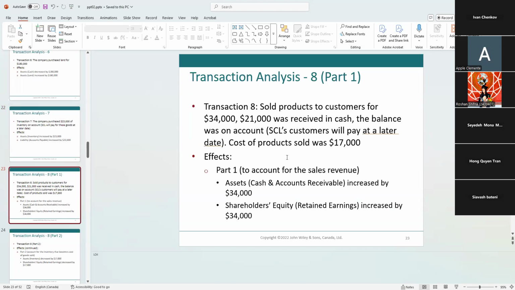We receive cash, $21,000, and the customer promises to pay us later. The cost of the product was only $17,000.